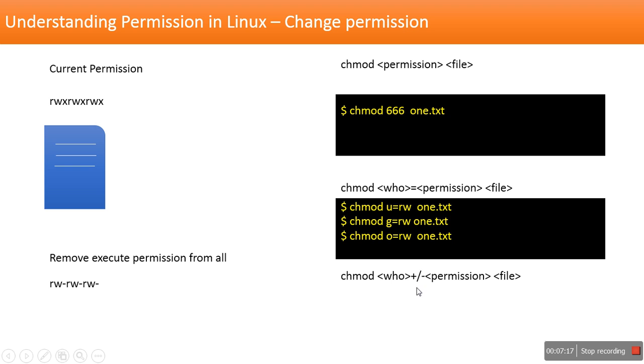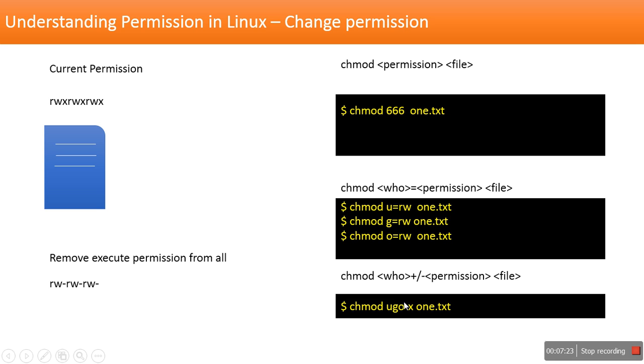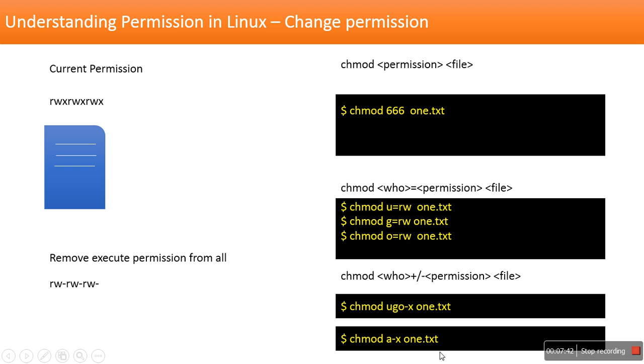If you want to add some permission, you can use the plus sign. If you want to remove some permission, you can write minus. So we need to write chmod ugo, which means for every user: owner, group, others. Then we specify minus x, which means we are removing execute permission from all these three, and then 1.txt. The same can be written like this: chmod a minus x.